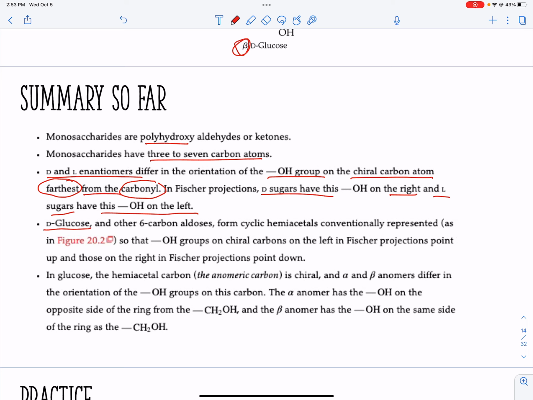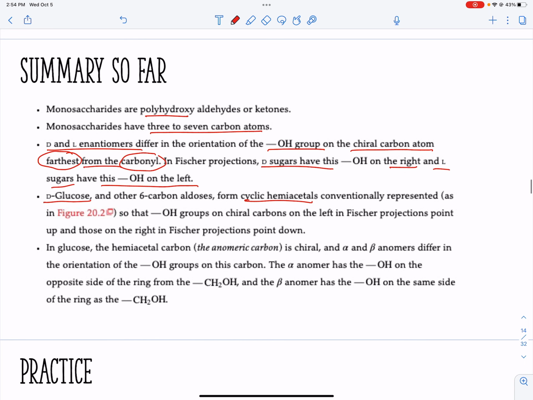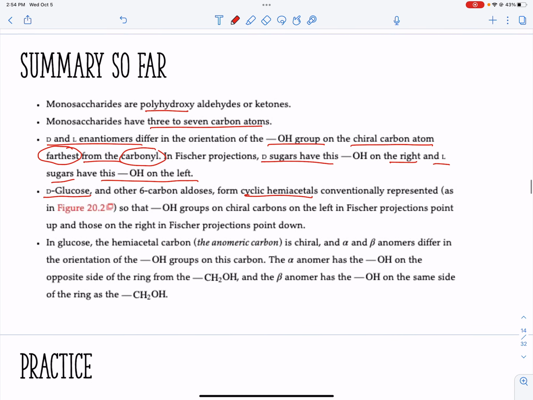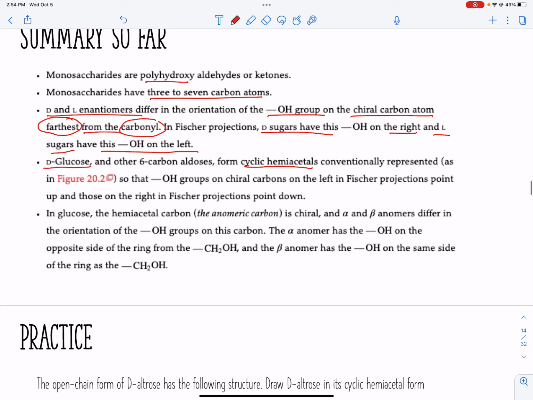D-glucose and other 6-carbon aldoses form cyclic hemiacetals, and they are represented with Haworth projections. The OH groups on the chiral carbons on the left in the Fischer projection end up pointing up, and those on the right end up pointing down.